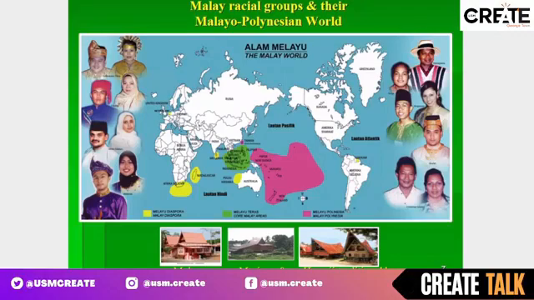At the middle is, of course, the so-called Malay archipelago. If you turn to your left or right, you have Madagascar in the west, and then you have Easter Island in the east.